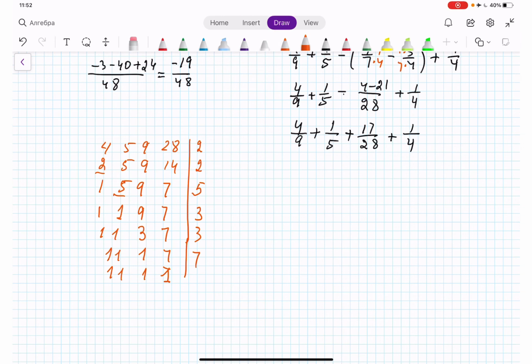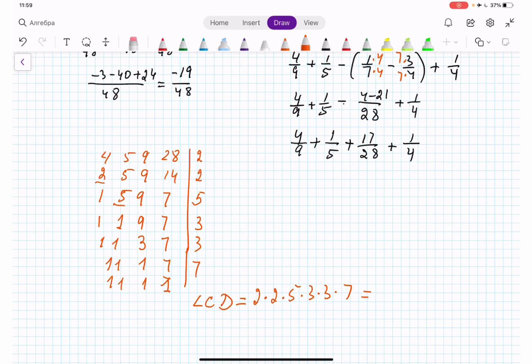When all numbers reach 1, we are done searching for the common denominator. So the LCD, least common denominator, is equal to 2 times 2 times 5 times 3 times 3 times 7. If you multiply all this, it's going to be 1,260.